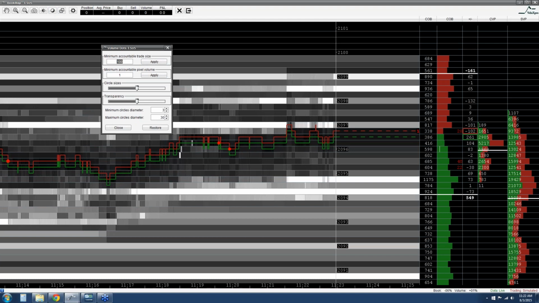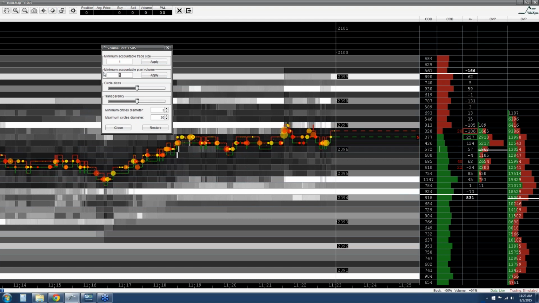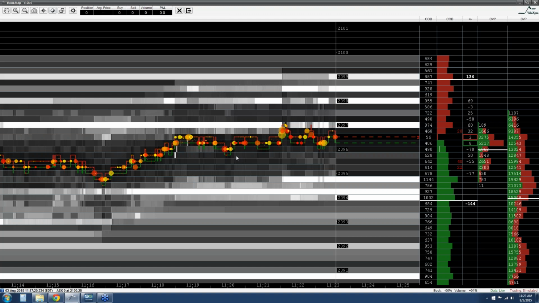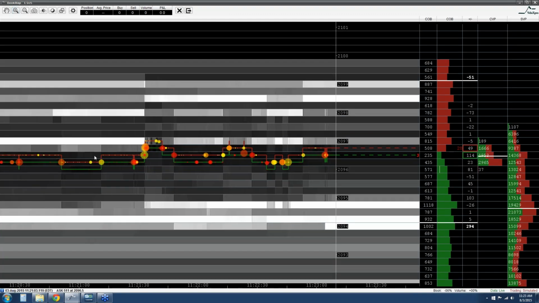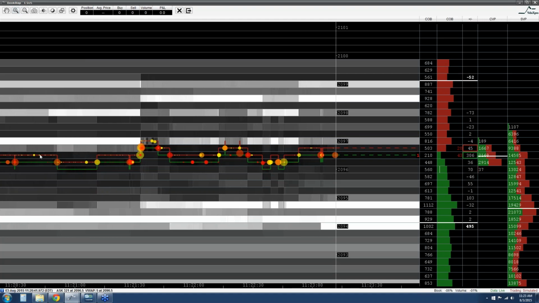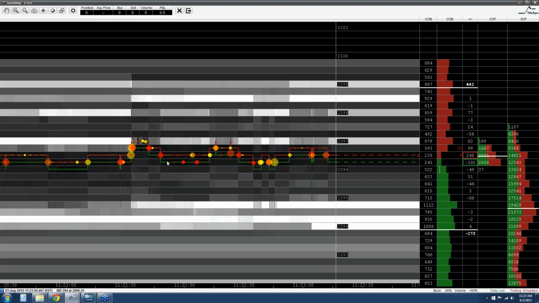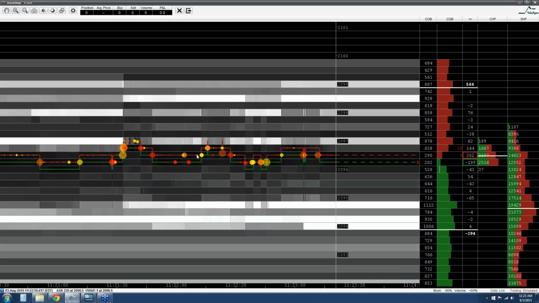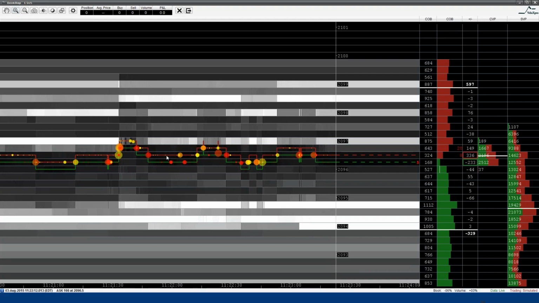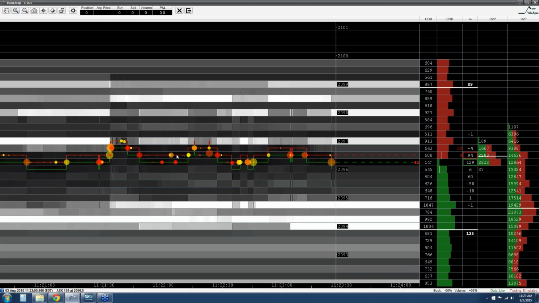Now, the reason that we usually filter this at 1, and then put the filter in the aggregate, is because of all of these 1 lots. A lot of the algos keep their size small, and keeping size small with lots of separate trades disguises their intent.